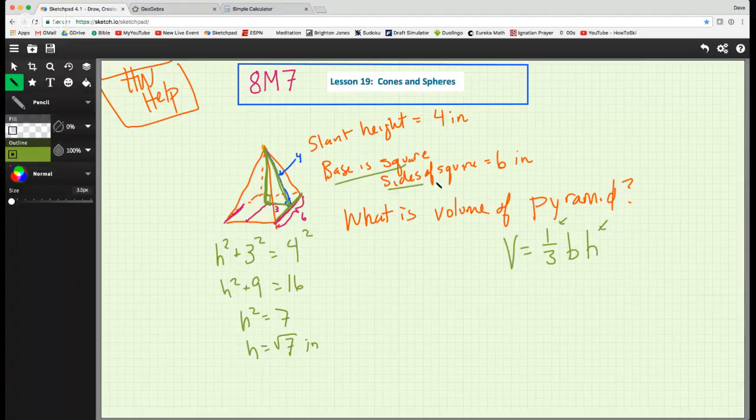Base is square, and the sides are 6 inches long. So our base is equal to 6 squared, which is 36 inches squared. So our volume is equal to 1/3 of our base, which is 36 times root 7. So that's equal to 1/3 of 36 is 12 root 7 inches cubed.